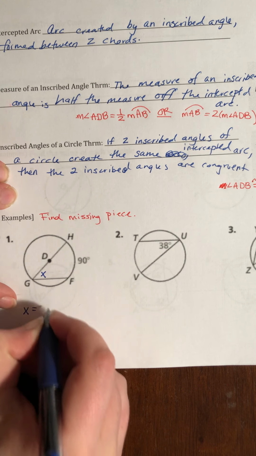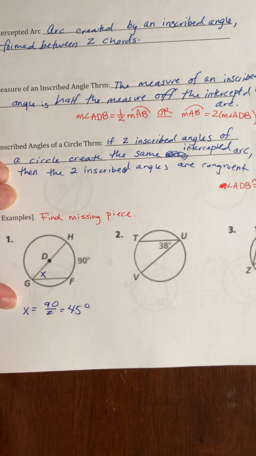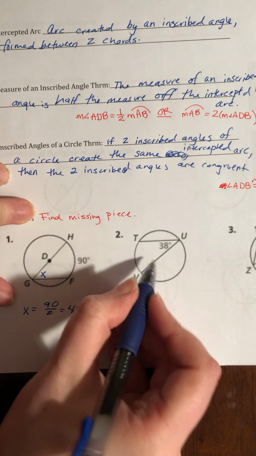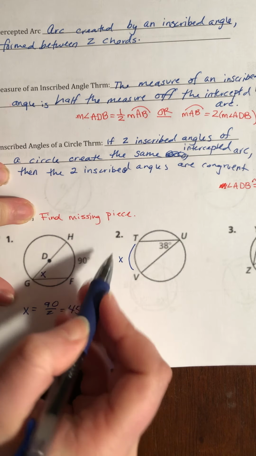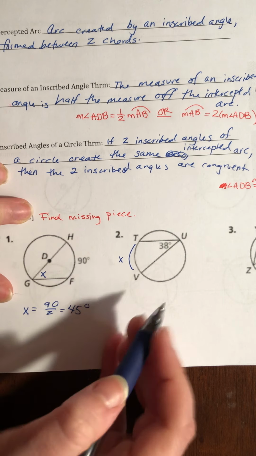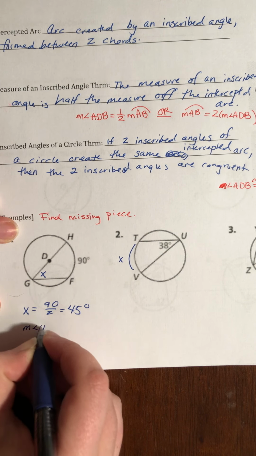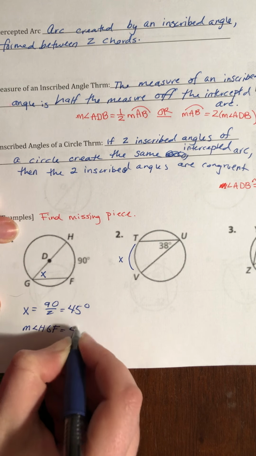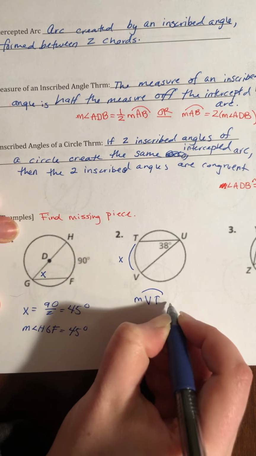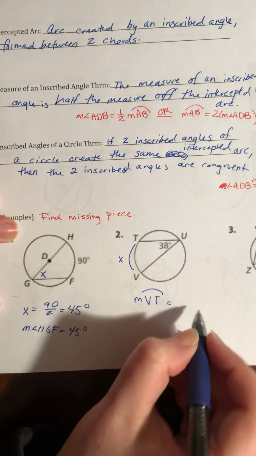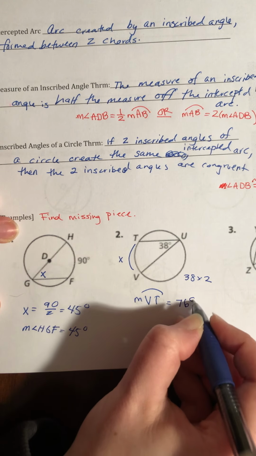So in this case, it's going to be 45 degrees. Here I have the inscribed angle and I want the intercepted arc. So HGF is going to be 45 degrees. Here, VT is going to be 38 times 2, so that's going to be 76.